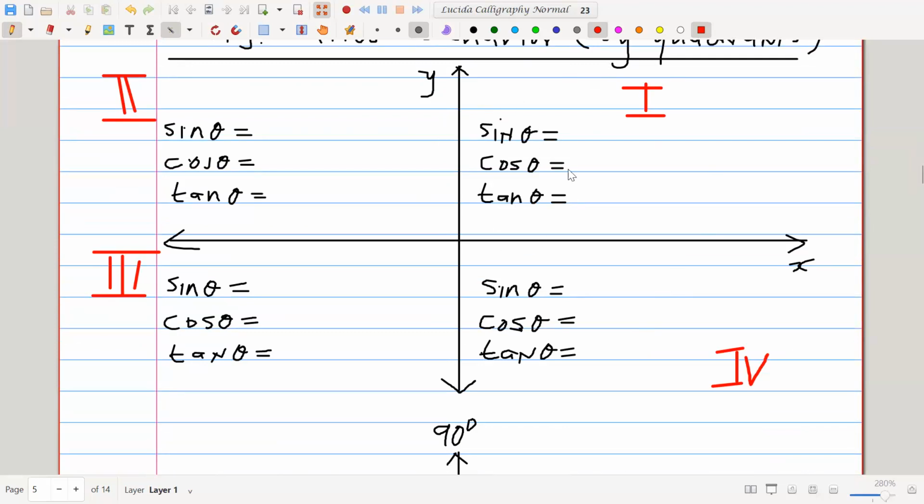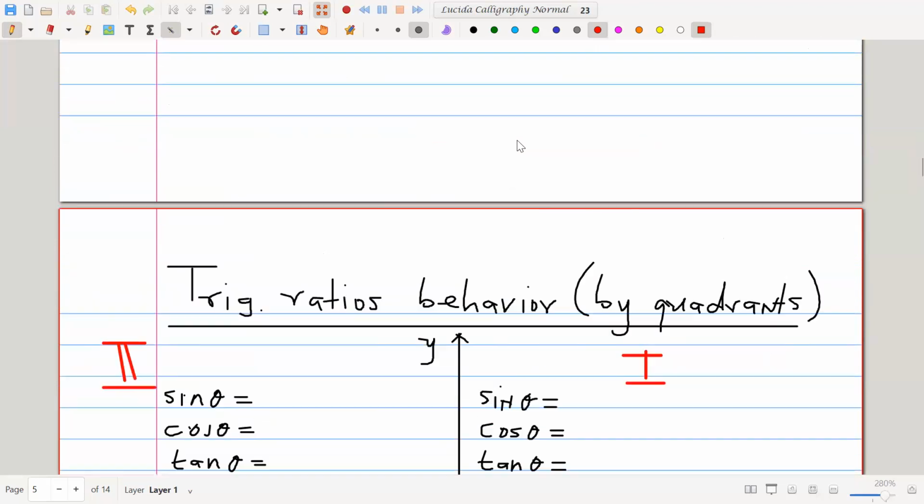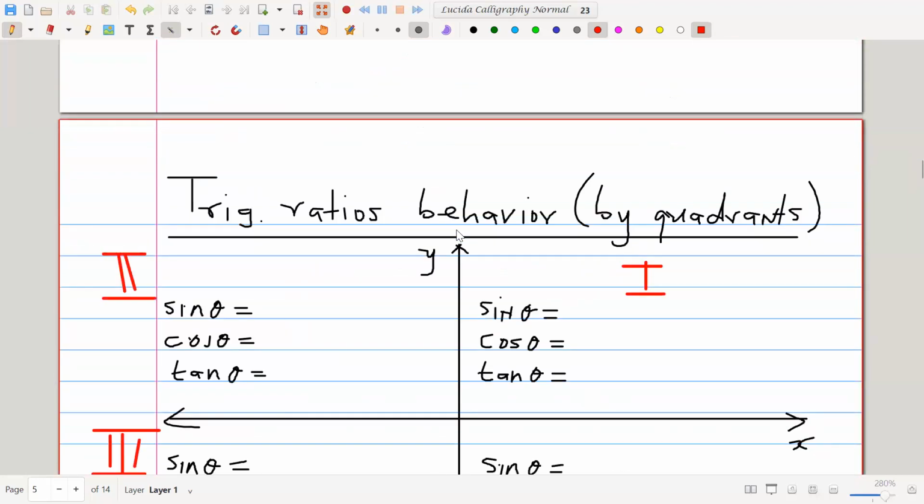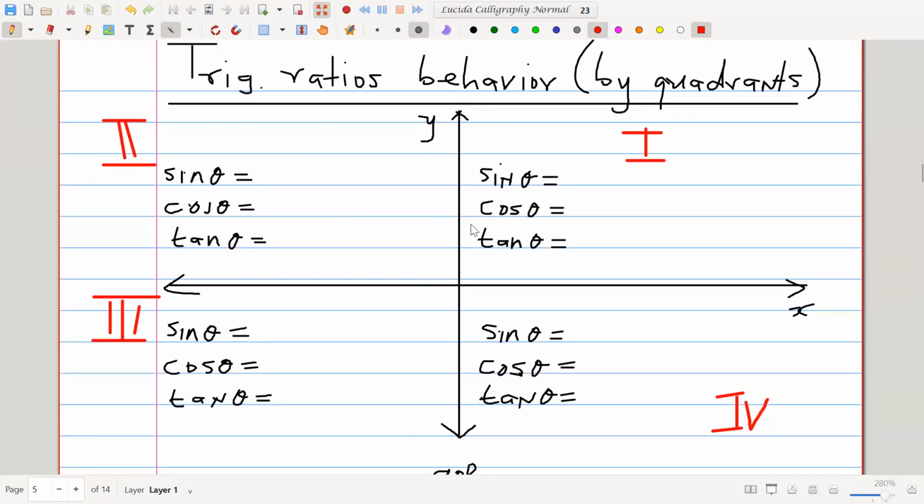So in your first quadrant, how does sine behave? Sine is defined as opposite over hypotenuse, which means y over r. And y is always positive in the first quadrant, so everything that we look at will have positive y somewhere here. And r is always positive. This simply means sine will always have a positive result here.